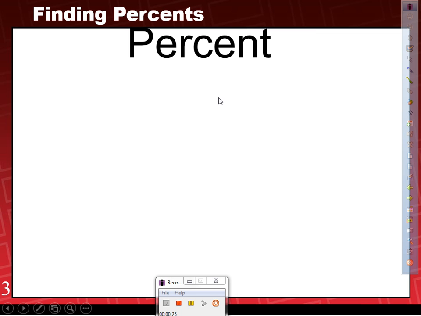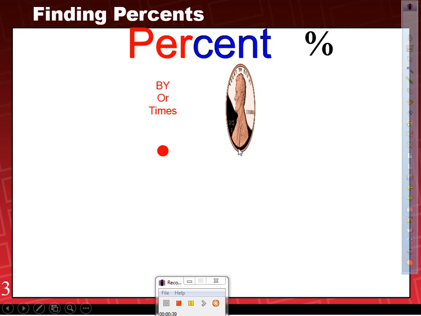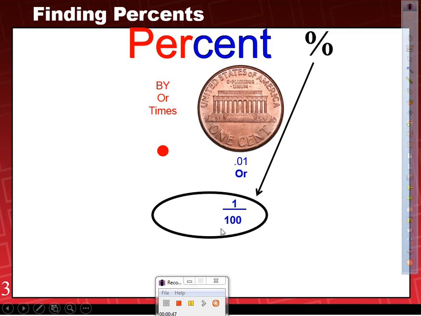Once again, I introduced percent and I said the word percent means two things. Per means to multiply, and the word cent means 1 cent, which is 0.01 or 1 over 100. Therefore, whenever you see the multiplication sign with the 1 and 100, it becomes that sign.